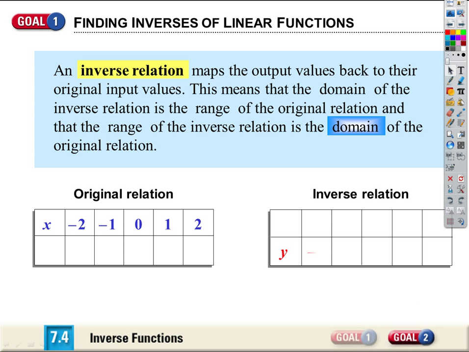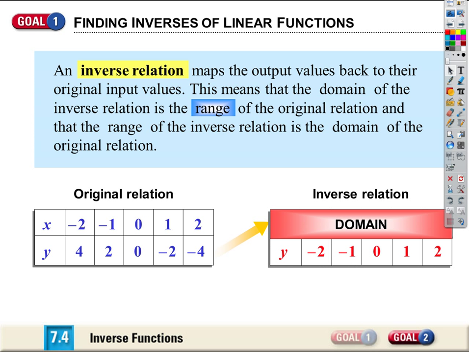And the range of the original becomes the domain of the inverse. So what used to be our y values now become our x values. So if we look at these as individual ordered pairs, in the original relation, we had a point with coordinates -2, +4. Well, in the inverse, we've got a point with coordinates x = 4, y = -2.